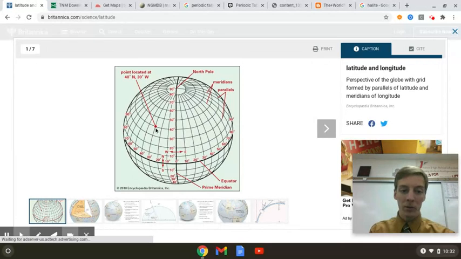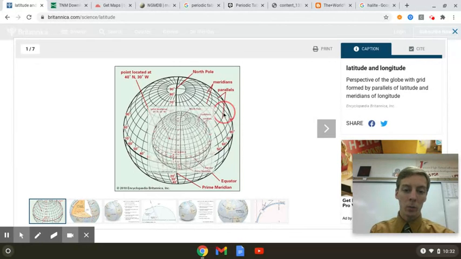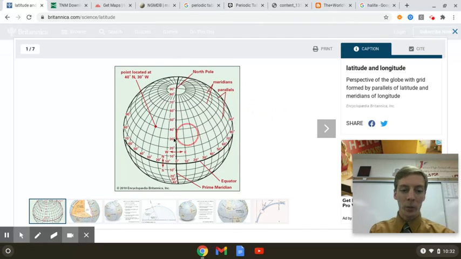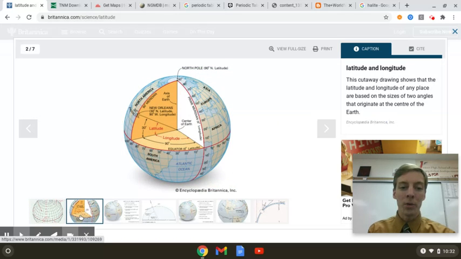Latitude is all of these parallel lines going around and going around. But where does latitude come from? How do you find that? You put a line at the center, you draw straight out to where you want to be on the earth, and then you measure an angle. So when you say 30 degrees latitude, that's what 30 degrees comes from.